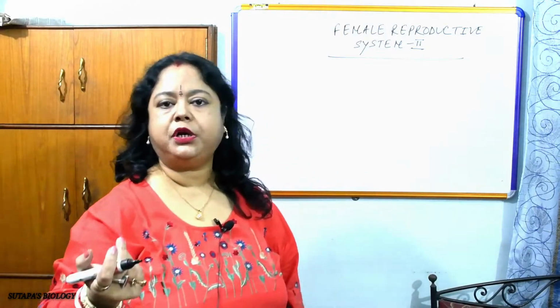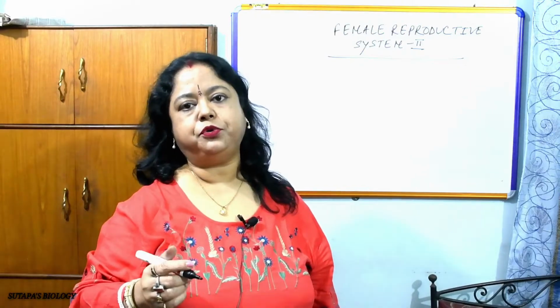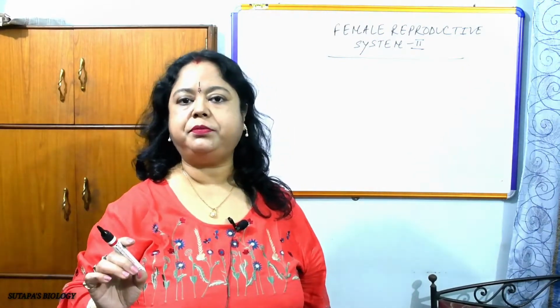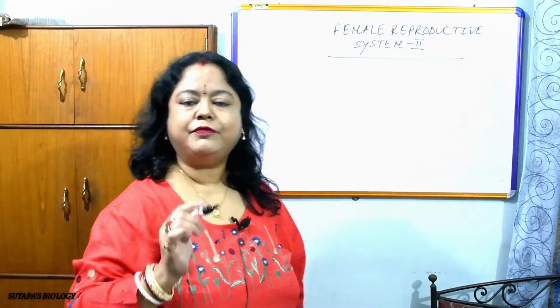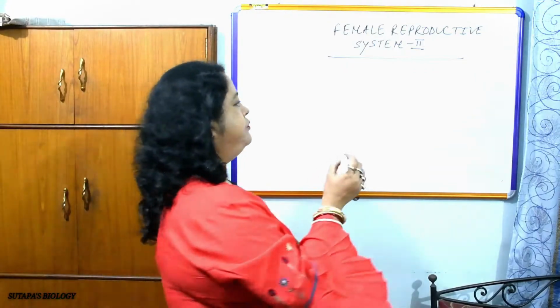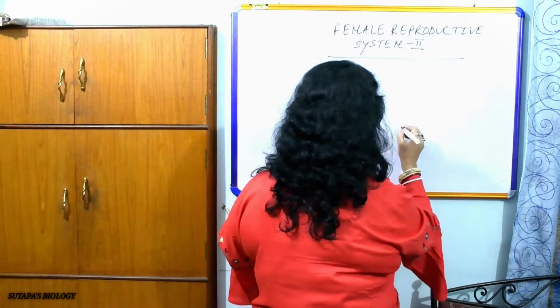Already in my last video I have told you that ovaries are placed apart from the fallopian tube, not distant apart but not attached with the fallopian tube directly, and the fallopian tube is 2 in number like the 2 ovaries. Now I am giving the diagram and description of the fallopian tube and others.